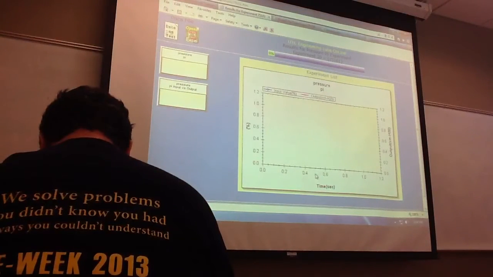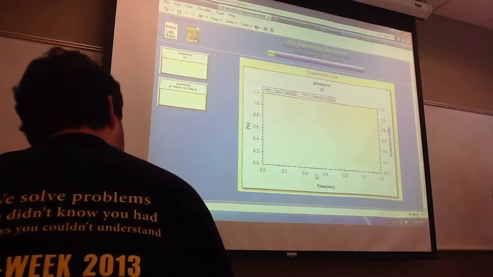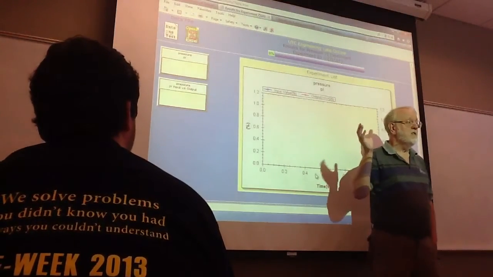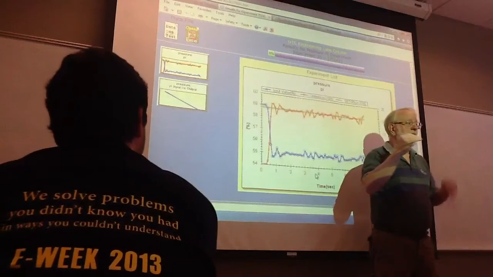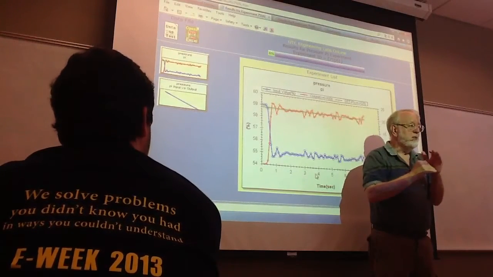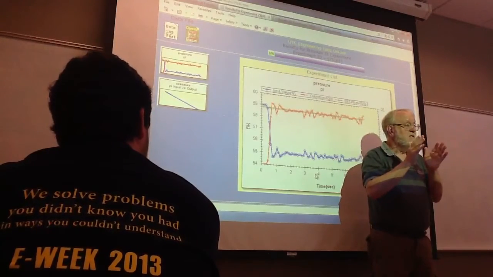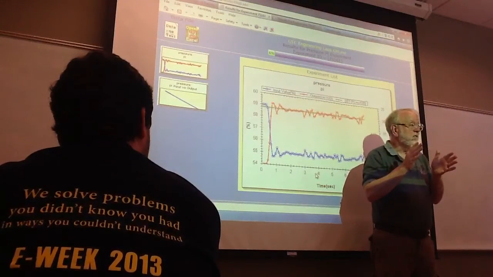Now, if I put in a very large tau sub I, a humongous tau sub I, it is in the denominator, and that means the integral term is virtually zero.